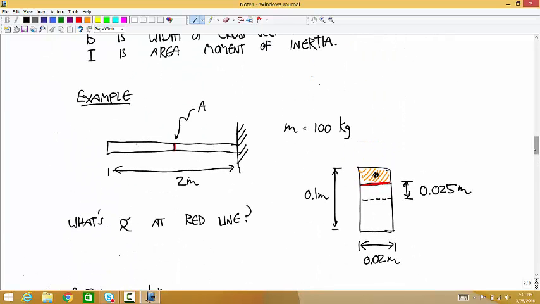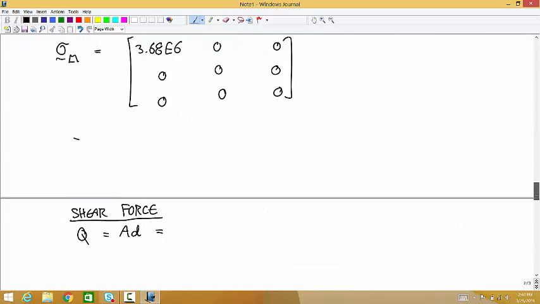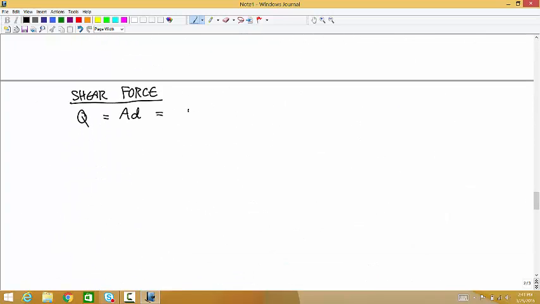Oh, right. 5e to the minus 4, 5 times 10 to the minus 4 meters squared. And then what's that distance?